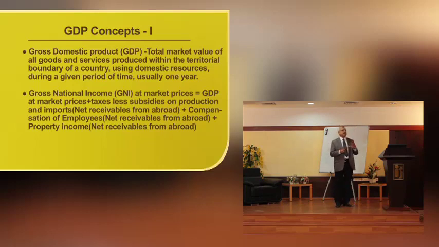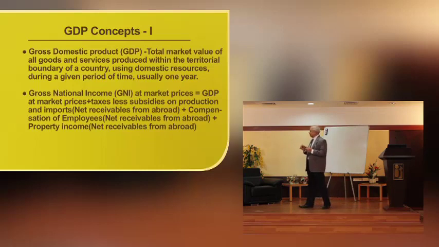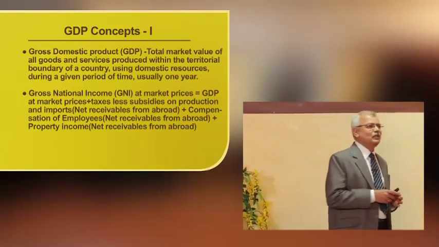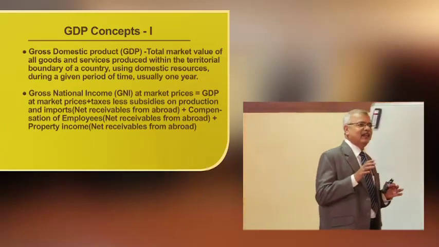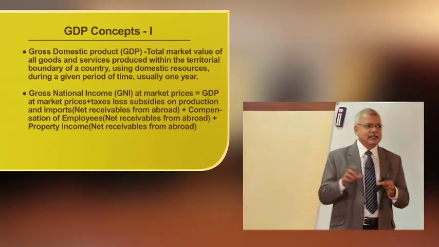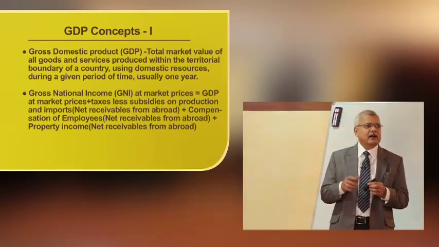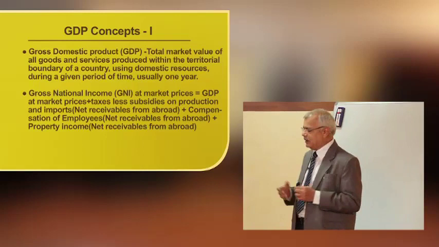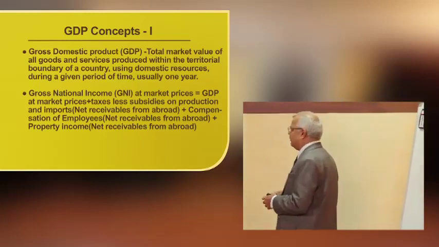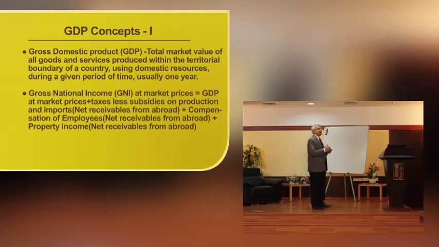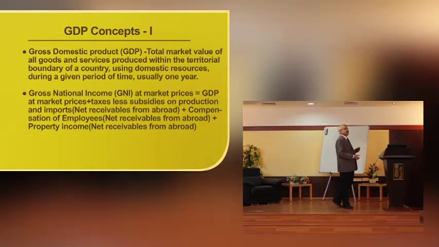Gross national income at market prices is equal to GDP at market prices plus taxes and less subsidies on production and the imports plus the compensation of employees net receivables from abroad, because there are some people who will be working abroad, there will be some people of foreign origin who will be working in India.